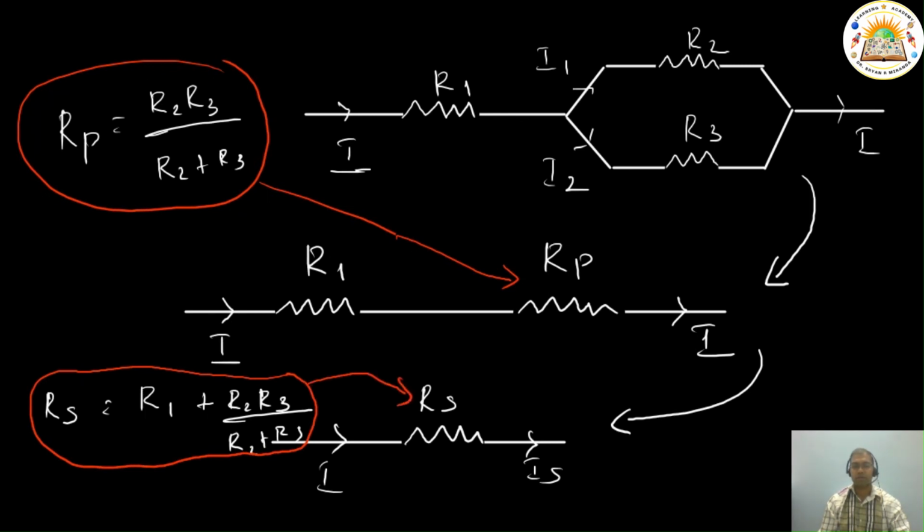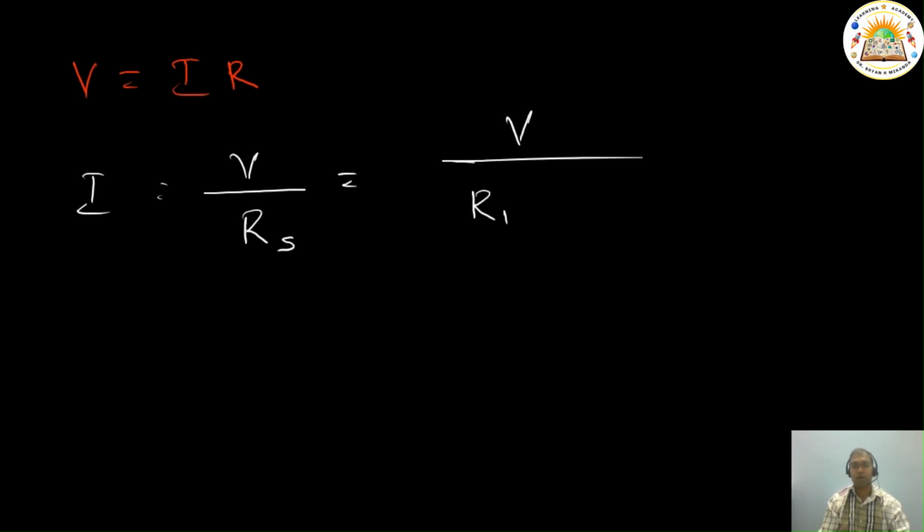Now for this final simplified circuit, let us have a look at what is the current that is passing by. So here, we know that V is equal to IR. So current is equal to V by R. In this case it is series, because that was our final or the equivalent value that we got, which is nothing but V by R1 plus R2 R3 by R2 plus R3.